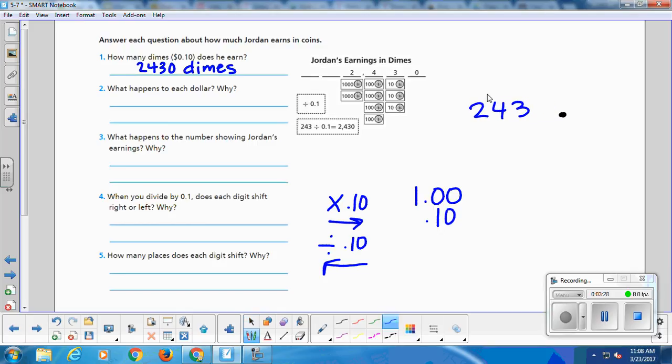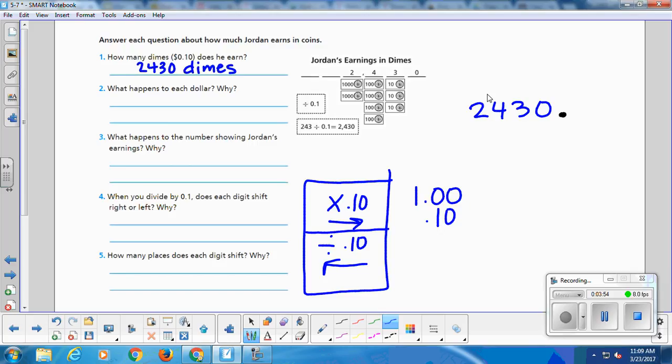How many places? One place. And the reason that works is because it's opposite. This is what we know. When you multiply by 1/10, you move one place to the right. When you divide by 1/10, you're doing the opposite. You're moving one place to the left. Okay?